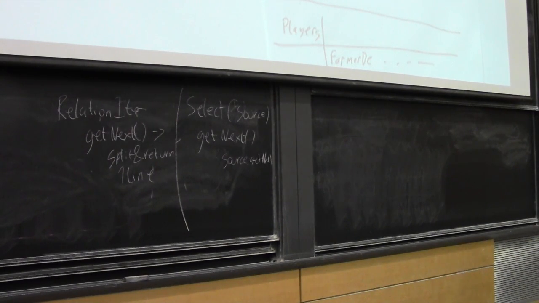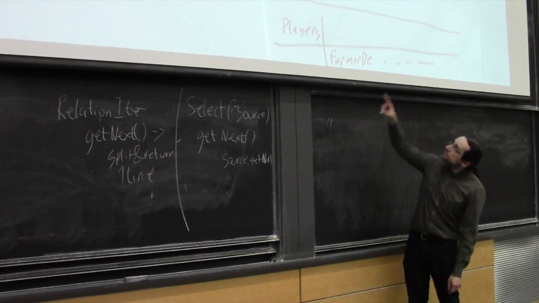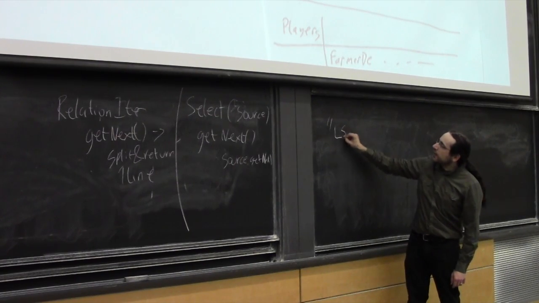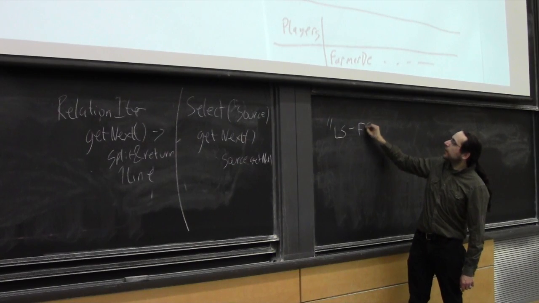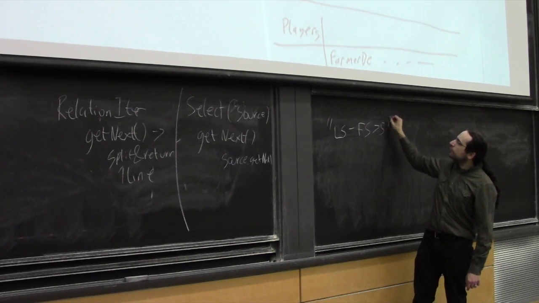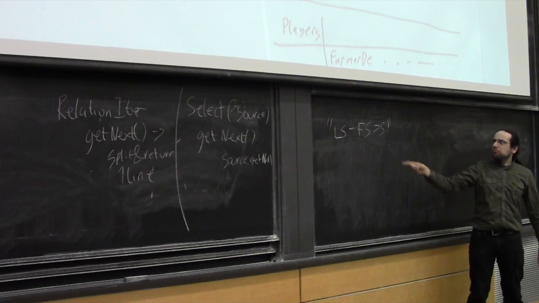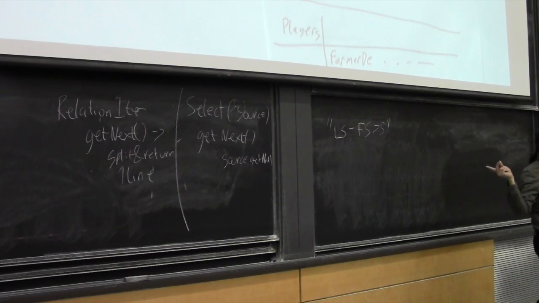But even before that, I give you a string. This string that's written up there, ls minus fs greater than 5. From the computer's perspective, it's not storing that as a string. It's an expression.